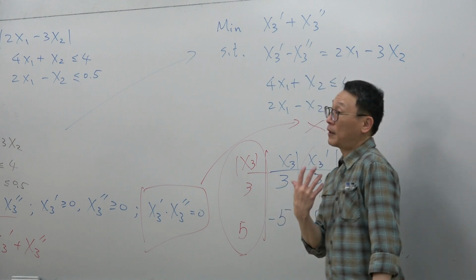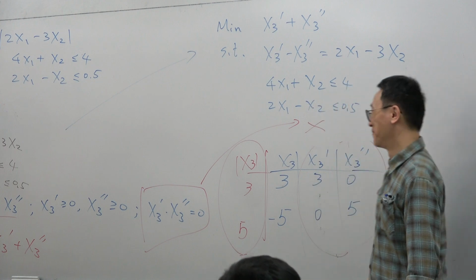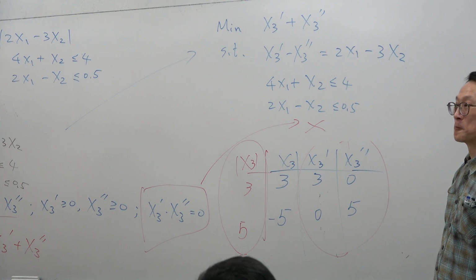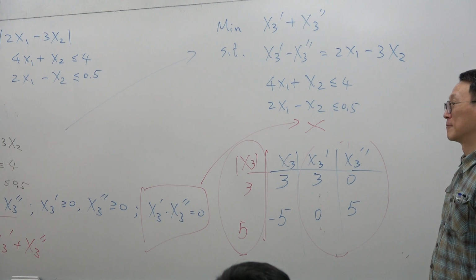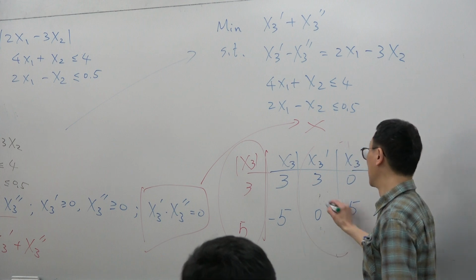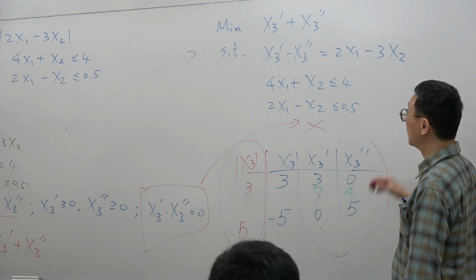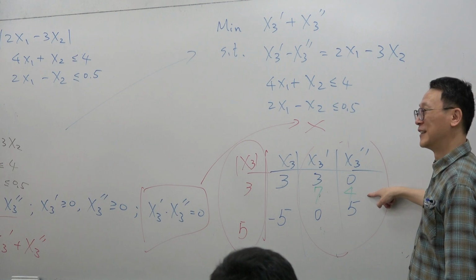But I don't need that because if I don't have this constraint, it could be (7, 4), right? But the objective function will provide you (3, 0) or (7, 4).